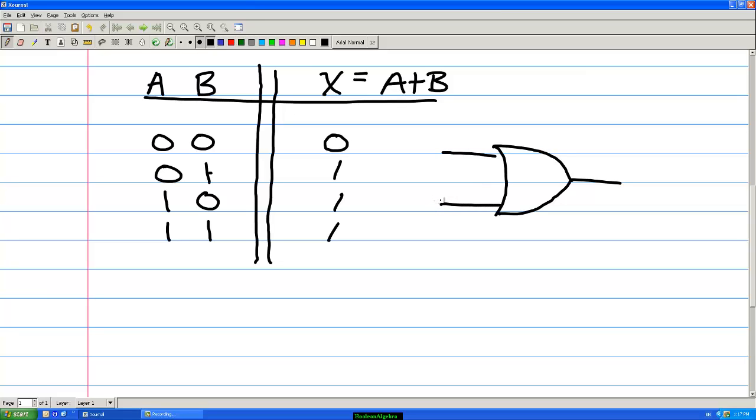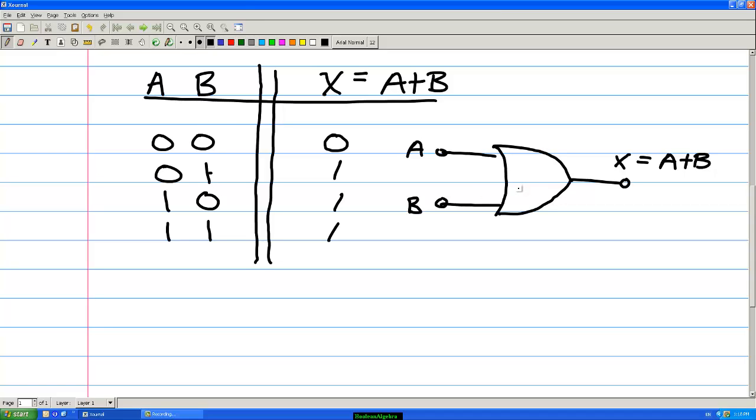We can have two possible inputs, A and B, and the output X will equal A plus B. Recall or remember that this plus sign does not indicate normal addition. This is the symbol for OR addition, which follows the rules summarized in this truth table.